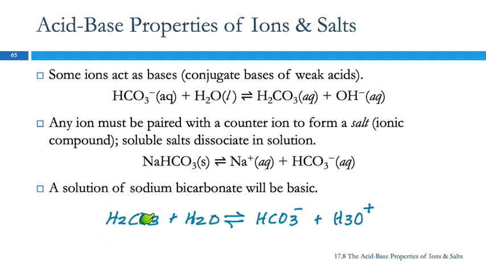So this weak acid, when it ionizes, it forms HCO3. So this was the base, and this is the conjugate acid. When we flip that around backwards, this is the acid, and this is the conjugate base. We always name the reactant acid or base, and the product is conjugate, just because that's how we do it.